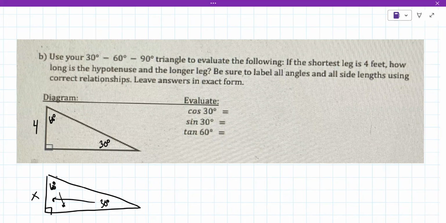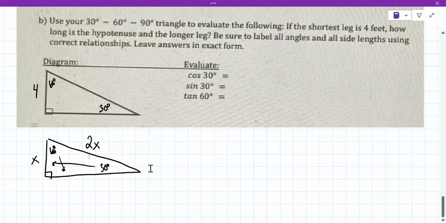So now the short leg is usually referred to as x, and then the hypotenuse is 2x, and then the long leg is x square root 3. In the 30, 60, 90 triangle, the hypotenuse is always twice as long as the shortest leg.